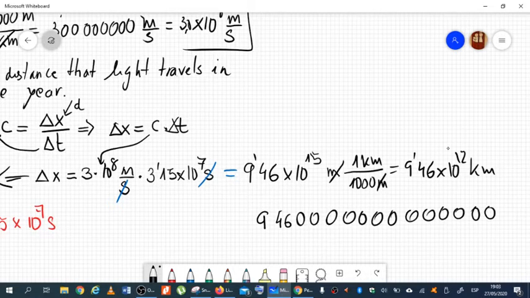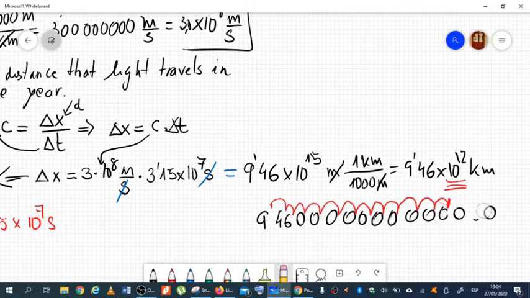The comma is here, and I have to jump the comma 12 places to the right: 1, 2, 3, 4, 5, 6, 7, 8, 9, 10, 11, 12.